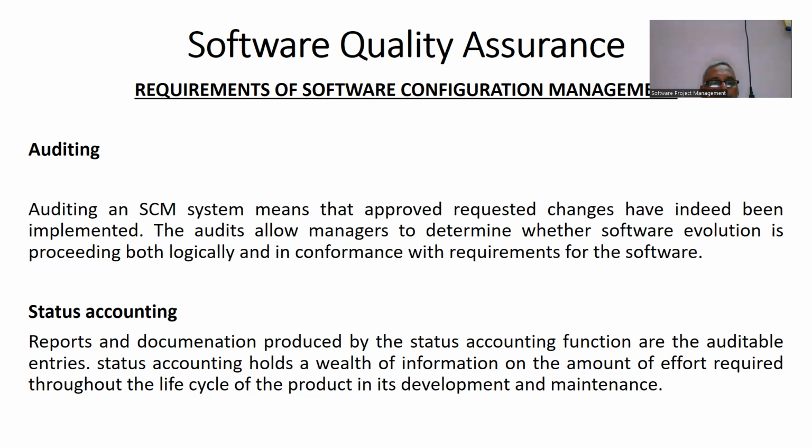This accounting provides historical information to determine both what happened and when on the software project. Status accounting enables the auditing requirements of the SCM. As a project manager, status accounting holds a wealth of information on the amount of effort required throughout the life cycle of the product in its development and maintenance.